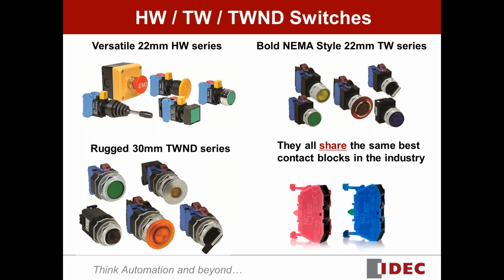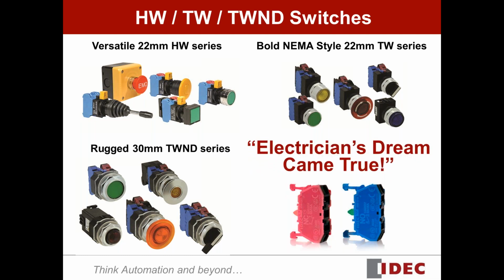You just deal with one contact block that fits into three different series. Some of our customers really like this arrangement because it's less complicated, and sometimes they use both sizes of switches in their facility, so they only need to stock one type of contact block. Some customers commented that it's a dream come true.